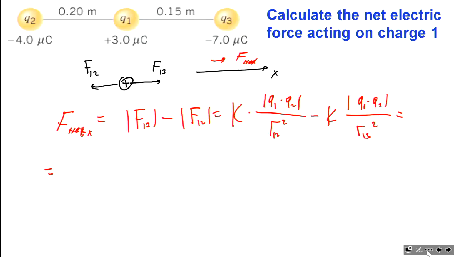Now we can use the numbers. Again, for the constant, we can use 9 times 10 to the 9th. Now, 4 times 10 to the negative 6th. This symbol represents micro, which means 10 to the negative 6th.